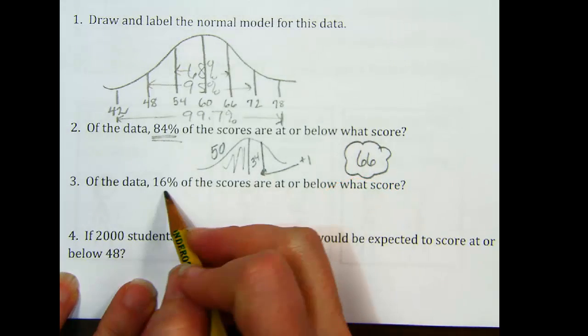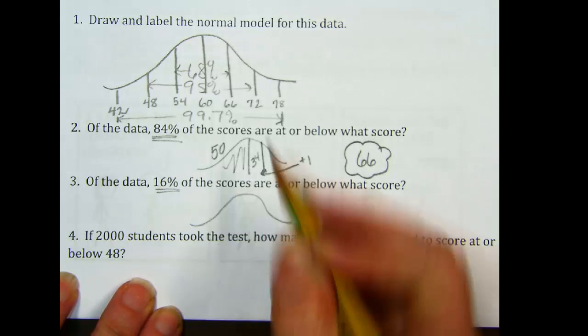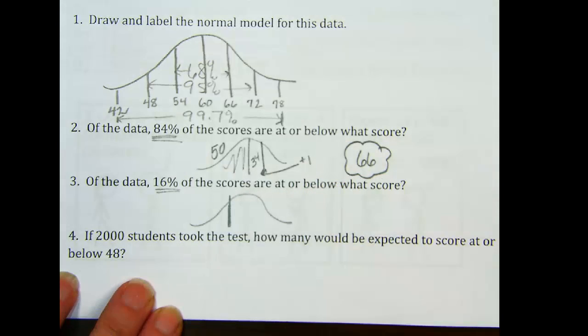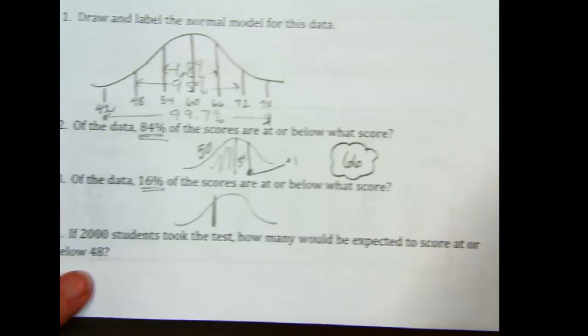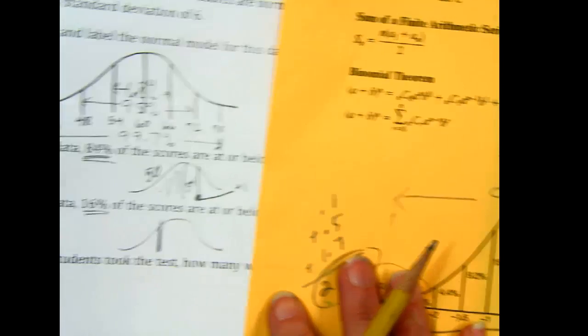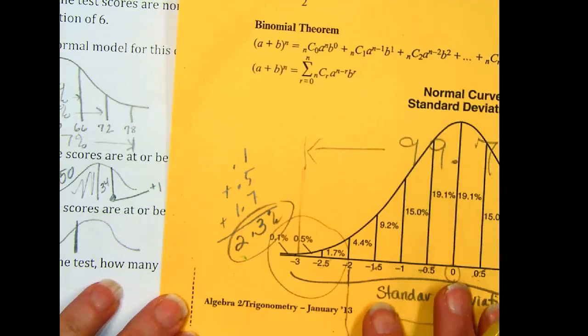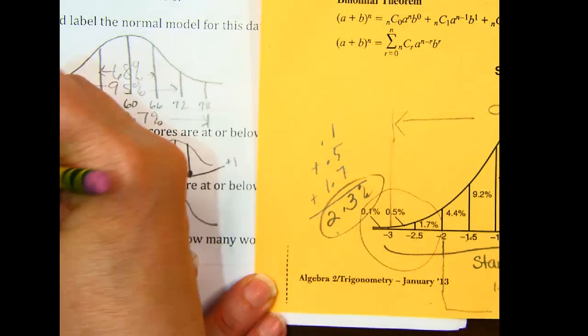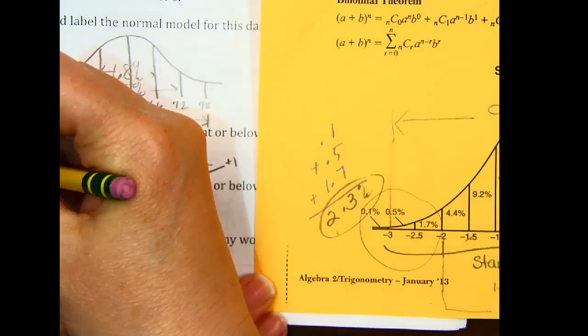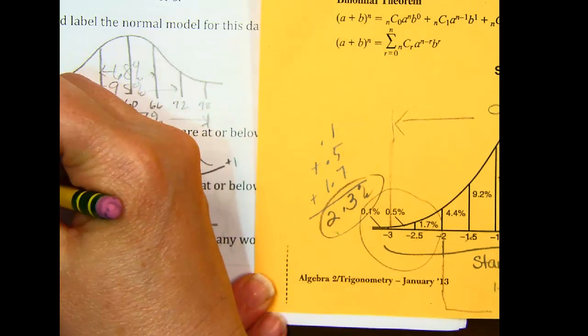For 3, we have 16% of the scores are at or below what score? Well, 16%, not really positive where that is, but I have my Regents reference sheet, and I can start adding percentages from the left to the right until I get to about 16%. So I've got my 0.1, 0.5, and 1.7, which gave me 2.3 earlier.